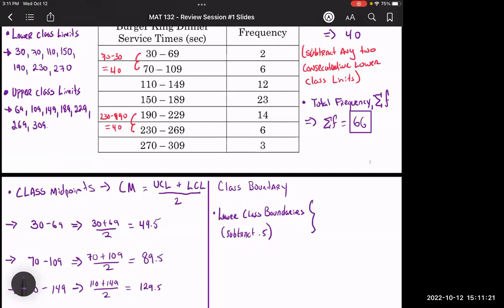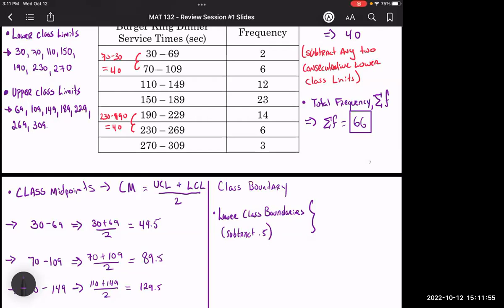Because these classes only contain whole numbers, as shown in the frequency distribution table, you just have to subtract 0.5. If it was another decimal, like 30.8, then you don't subtract 0.5, I meant to say 0.05.